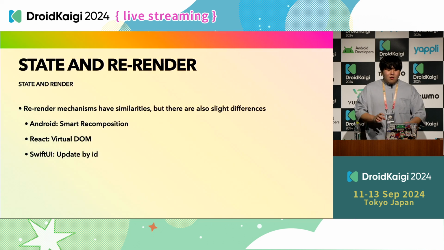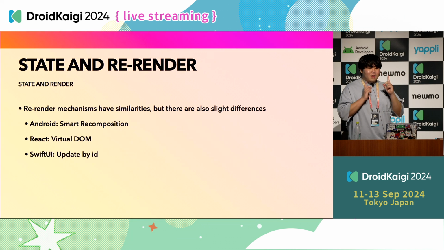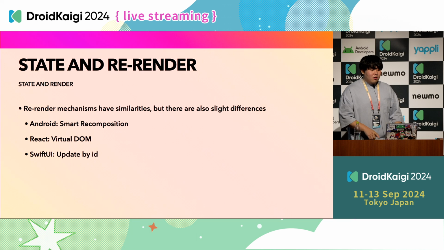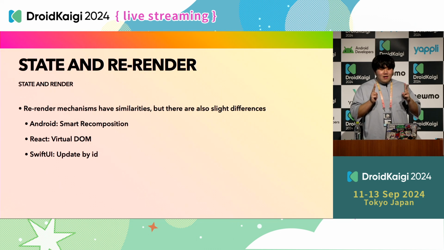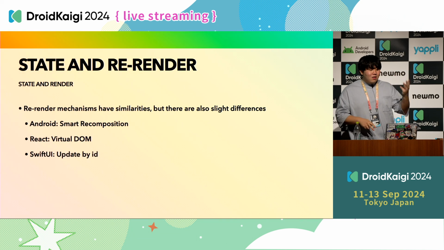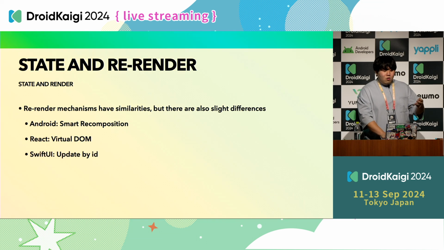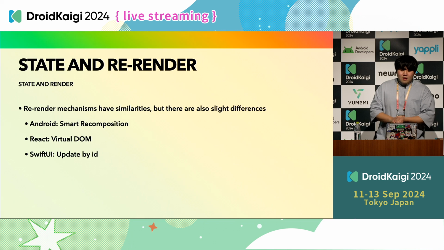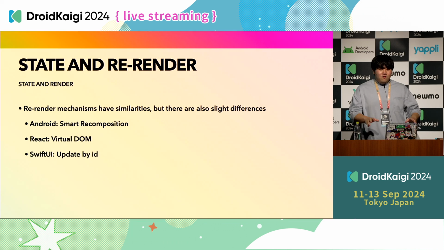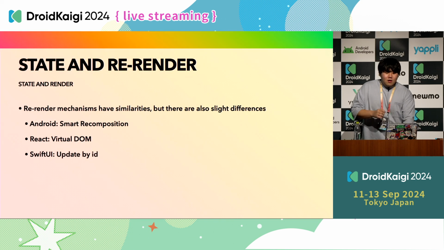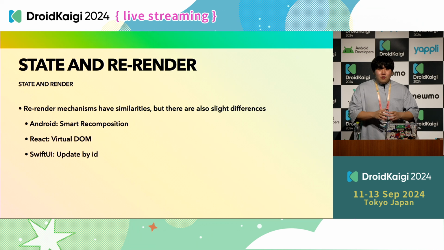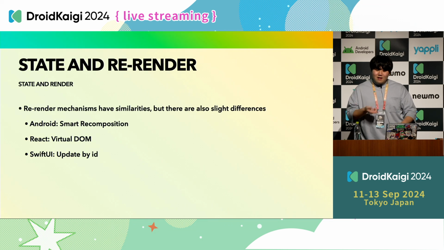The virtual DOM operates by creating a virtual representation of the actual DOM tree on the web page, identifying changes, and then re-rendering only the altered parts. In SwiftUI, different IDs are assigned to subviews within the content view and to subviews extracted into structs. Elements with the same IDs are grouped together and the screen updates according to changes in their state.